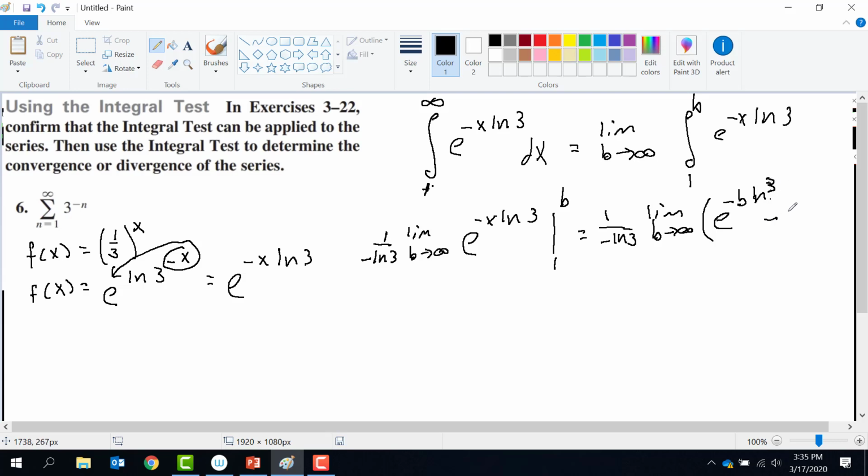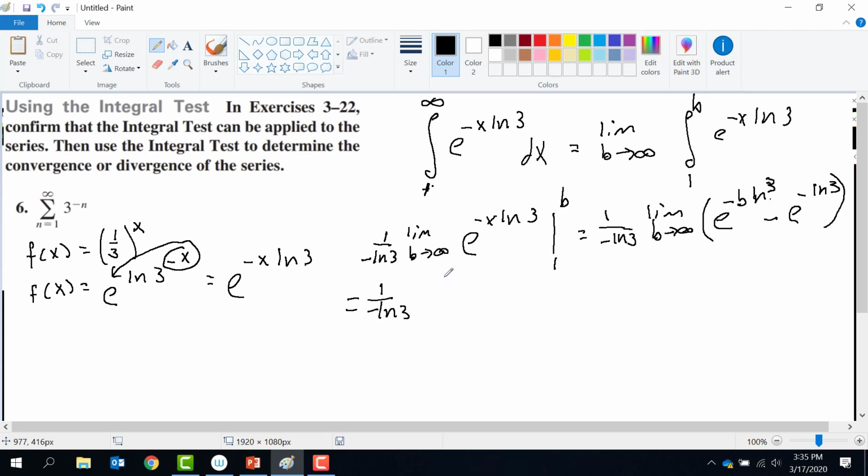Minus, and when we put in the 1, we get e to the negative natural log of 3. And so then we still have the 1 over the negative natural log of 3.